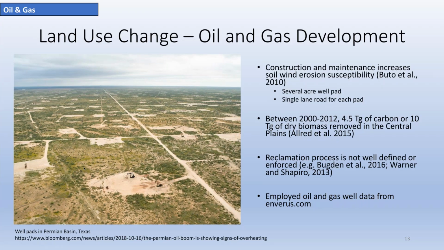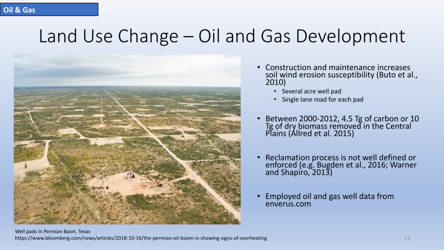Again, we can imagine as moderate to strong winds move over this region, which points are more likely to produce dust emissions. And this occurs because construction and maintenance of the well pads and single lane roads for each pad reduce soil stability and lead to soil wind erosion susceptibility.